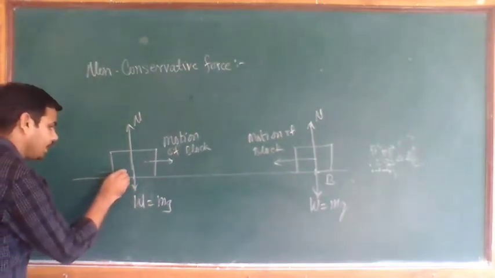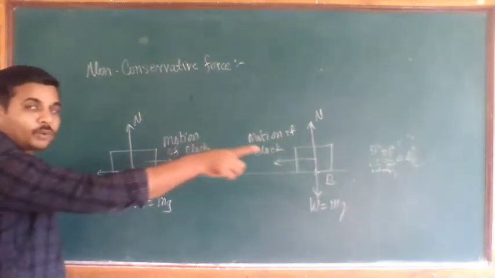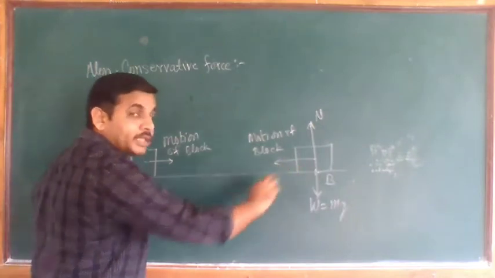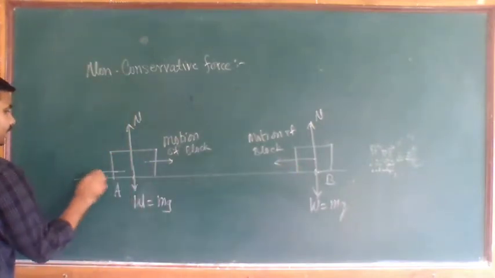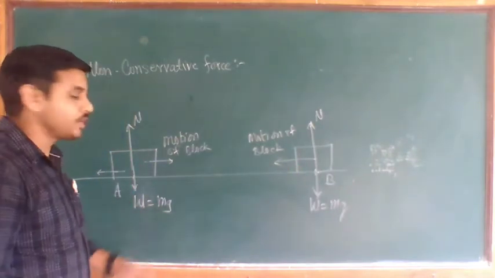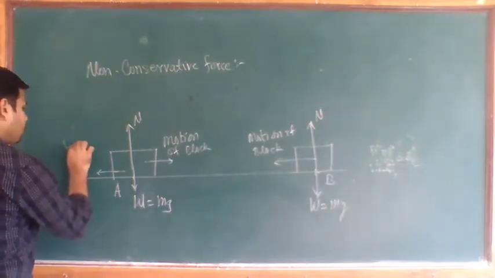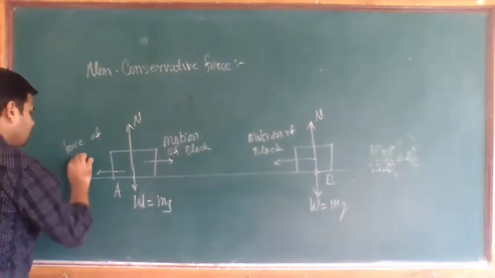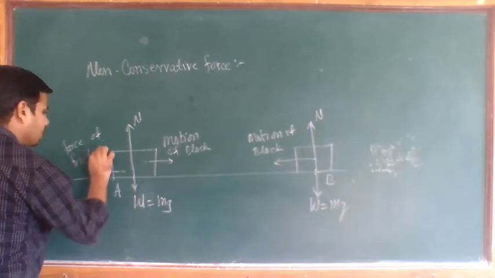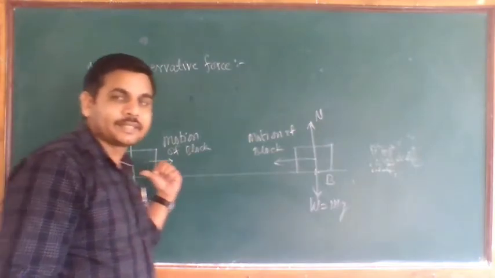So when the block is moving in the forward direction from point A to point B, this is the force of friction, which is in the opposite direction.